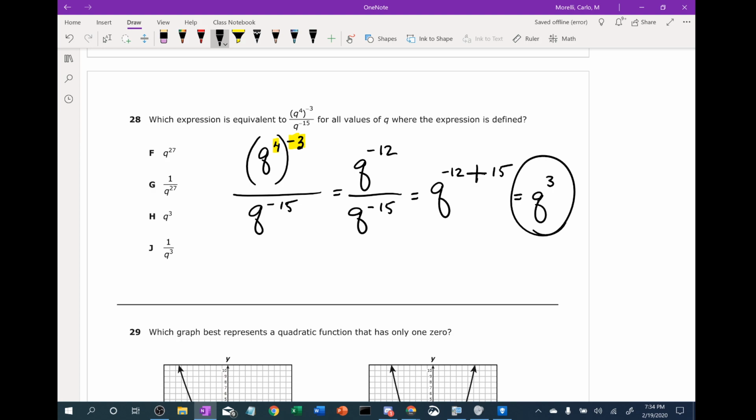Now let's say you had no clue how to do those exponent rules. Because there's only a single variable, q, we can actually put this into Desmos and just rewrite it. So into Desmos, what I would put is y equals, and I'd have to change to x.